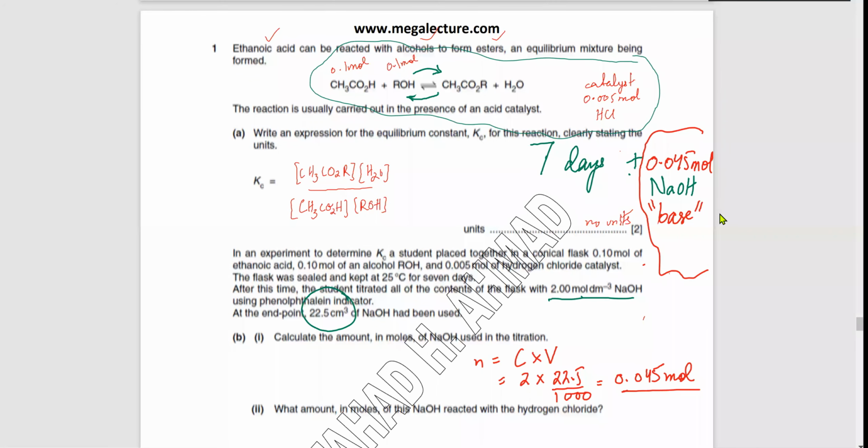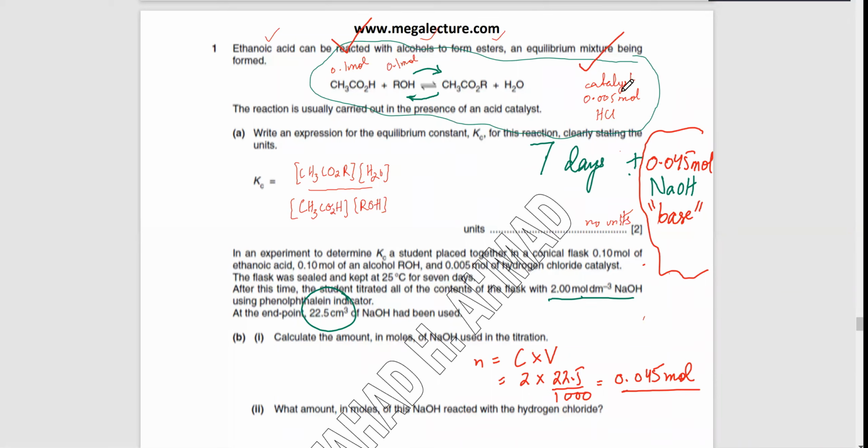It's only going to react with acids. So the two things the NaOH would react with is, one of them is the HCl catalyst that has been added, and the other thing is the ethanoic acid. Although you are titrating the whole container with NaOH, the NaOH is not going to react with everything.